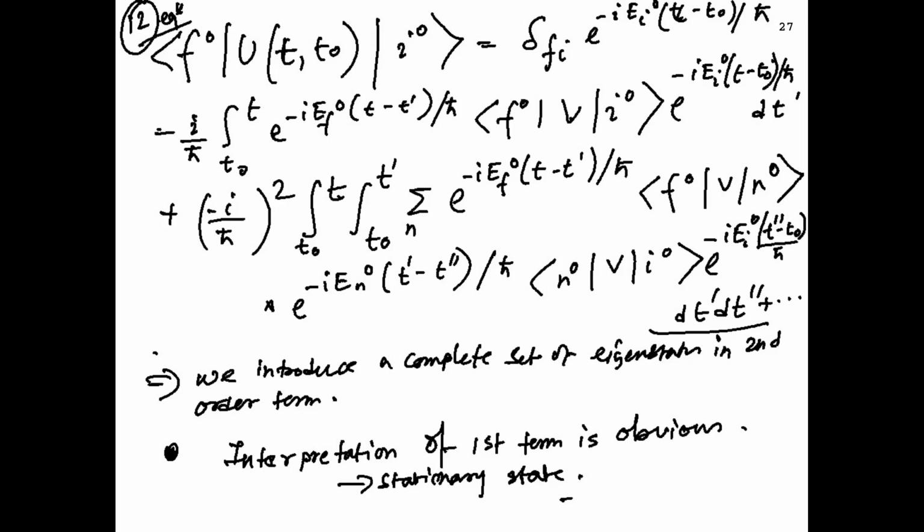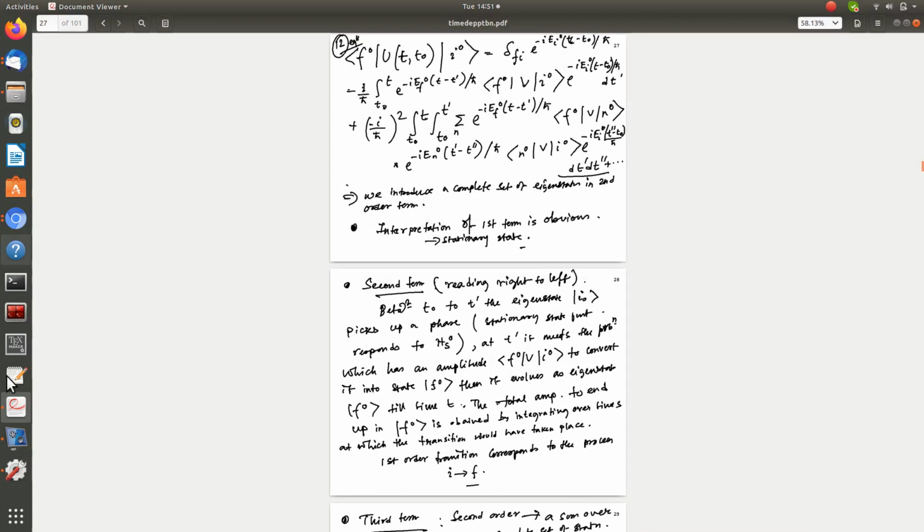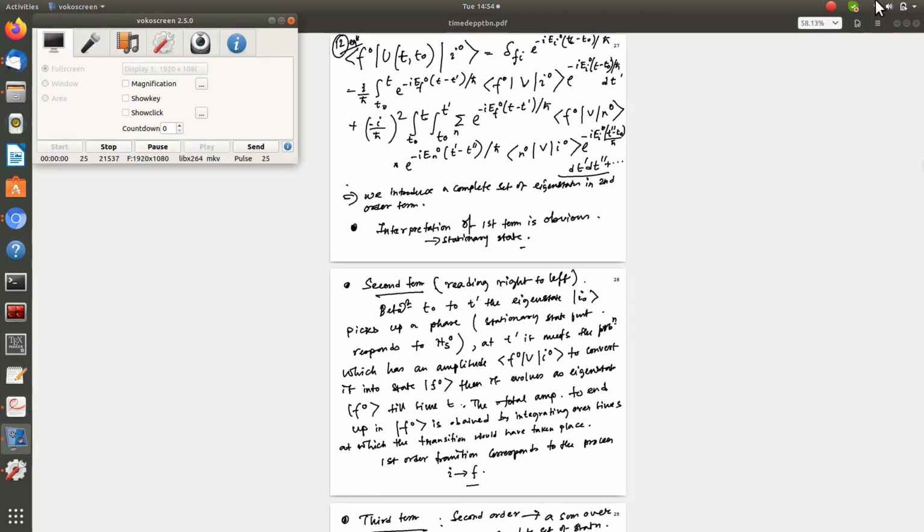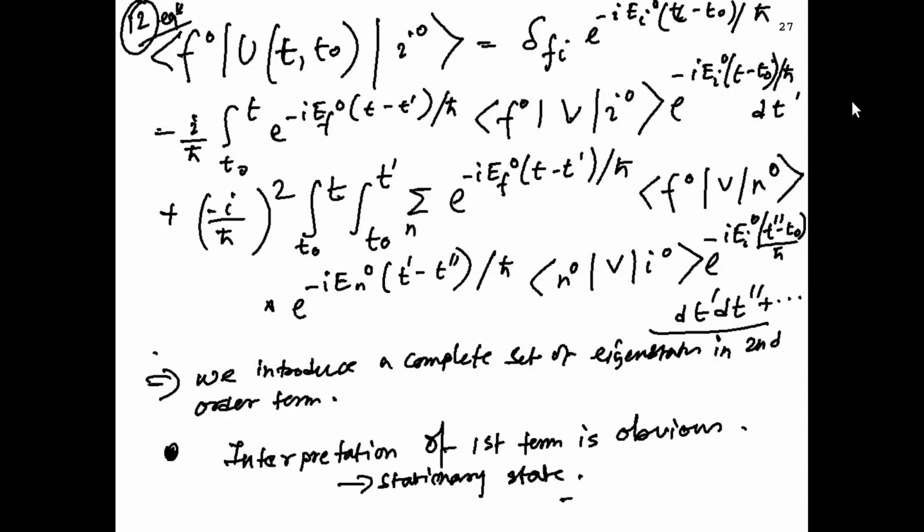This is basically exactly the same formula as equation 12, which we derived in a more direct method, but now we are deriving it using this interaction picture propagator. So now we derived this equation 12, which we already derived once by the straightforward and simple method, and this time we used the interaction picture, and it's a much more elegant picture, as we understood that we can now derive an arbitrarily higher order term in a much more elegant manner and make physical sense of each of these terms.